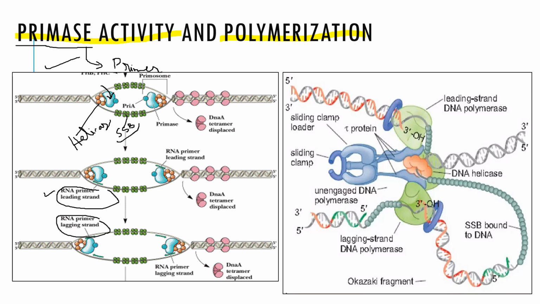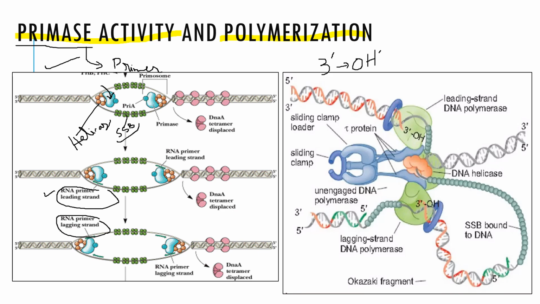The basic thing is that DNA polymerase needs a 3' hydroxyl group. As long as there is a 3' hydroxyl group, DNA polymerase 3 can perform the process of polymerization. So this is very important.